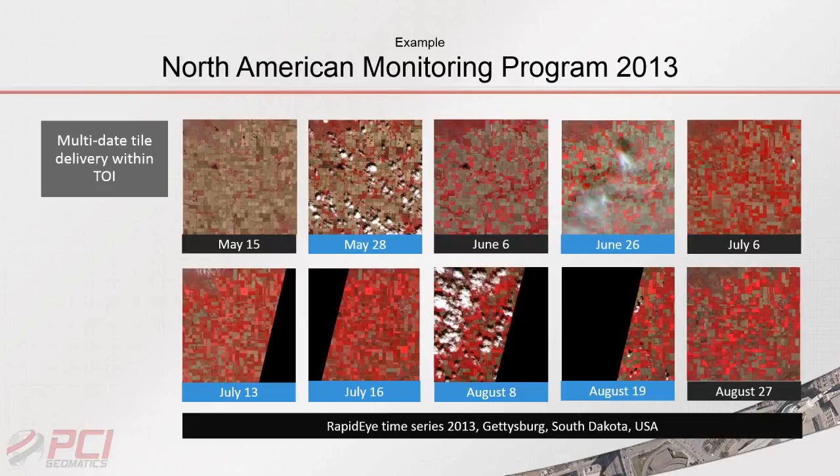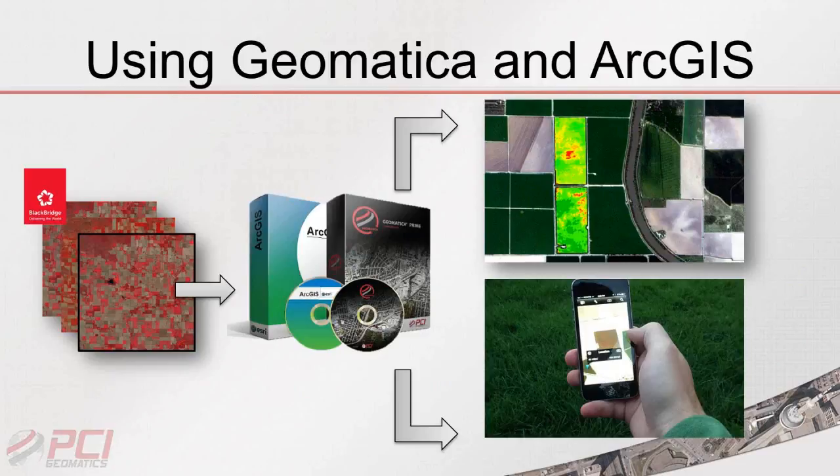All right, thanks, Jason. I just want to quickly run you through how we can extract information from imagery using ArcGIS and Geomatica. So I just put together a quick schematic view here of what all is going to be presented. Obviously on the left we have some imagery coming in from BlackBridge, multi-temporal imagery. Using ArcGIS and Geomatica we can do different things.